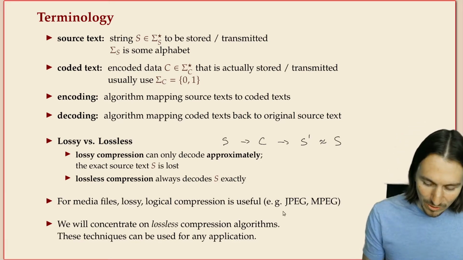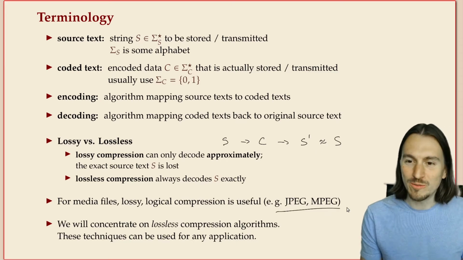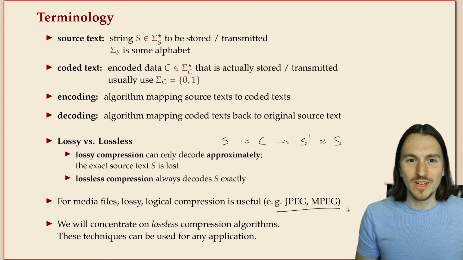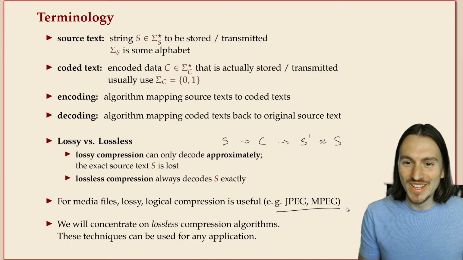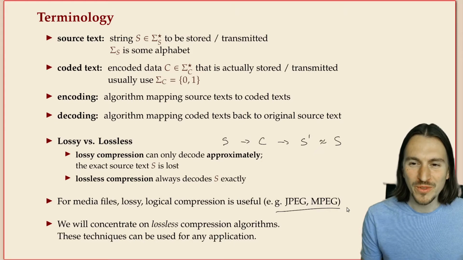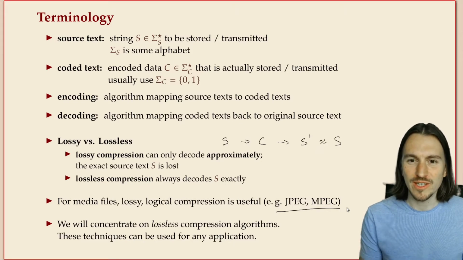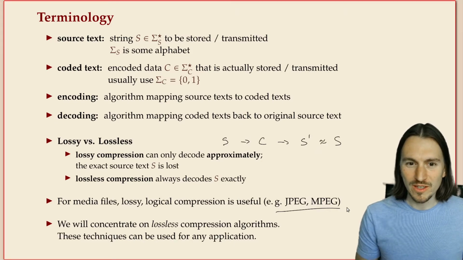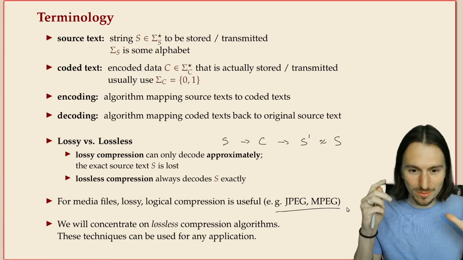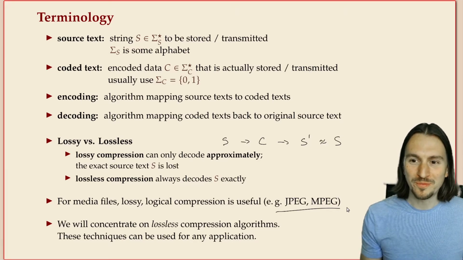So this is what you usually use for multimedia data, where as a human or even as an AI, you're usually not even able to tell the difference between those two if the compression has high enough quality. So why bother recreating the exact same source text if all you want is a nice representation of that picture you took with your phone, right?